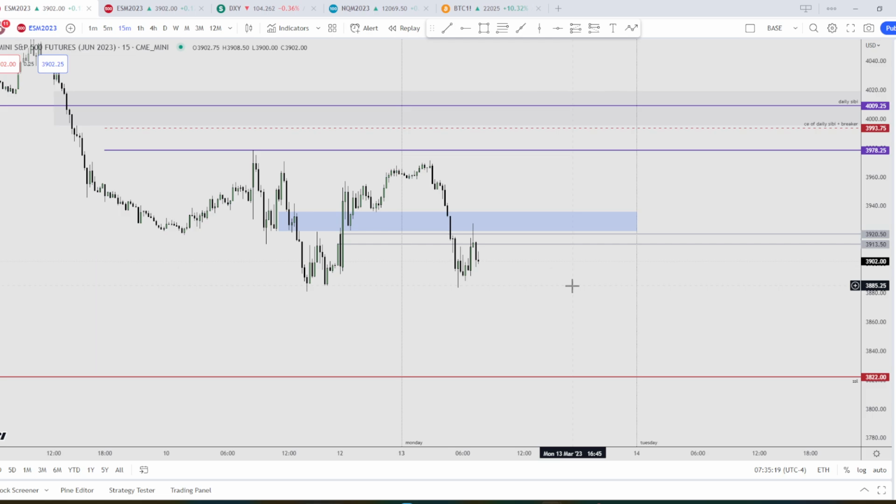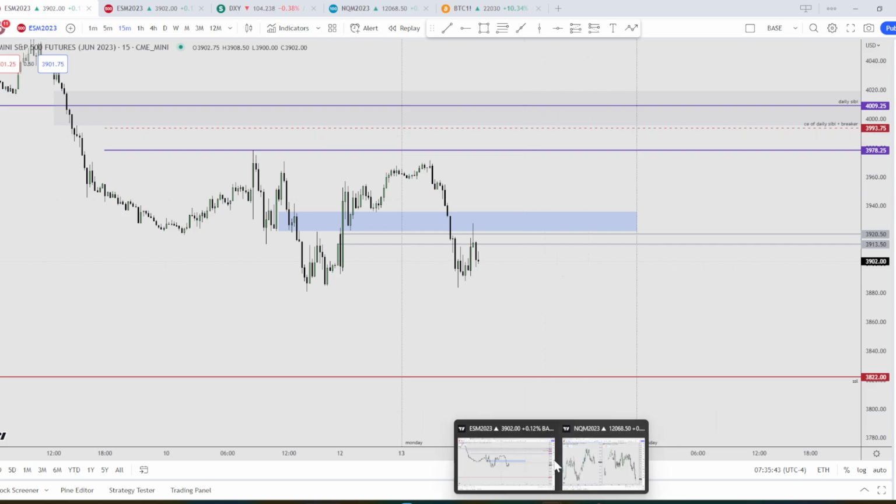So we shall see what's going to happen. I'm not sure what it's going to do, but I'm just going to observe. I'm not going to give scenarios. The two scenarios that I've given are the extreme ends of the scenario, so it's very simple. And I think that's it for today.